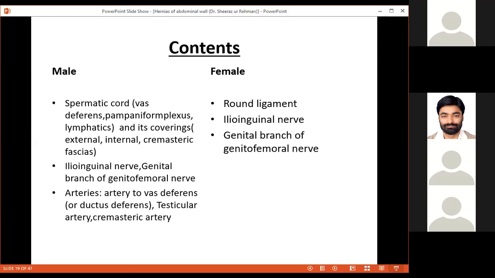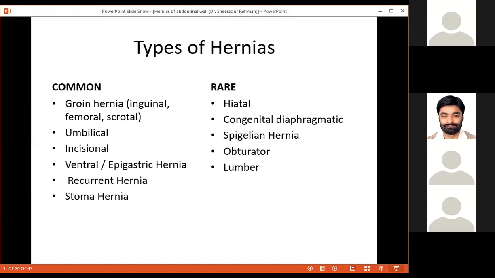In female, however, there is round ligament, ilioinguinal nerve, and genital branch of the genitofemoral nerve, which are present as a part of an inguinal hernia. The commonest hernias, as I mentioned, are the inguinal hernias, and there are femoral hernias, and scrotal hernias, which have a complete descent from the groin region.